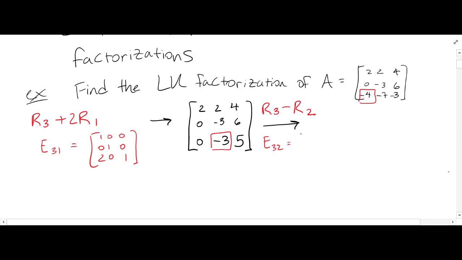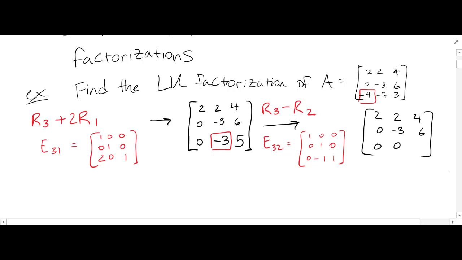That operation is represented by this elementary matrix E32, 0, negative 1, 1. When we do that operation, we get this upper triangular matrix. This is the matrix U in the LU factorization.